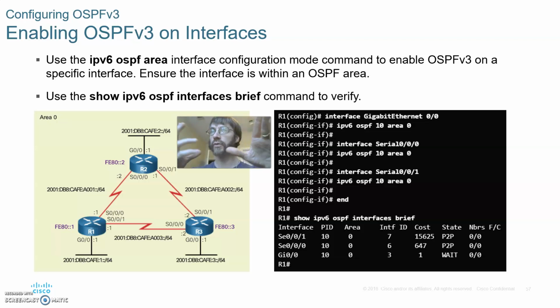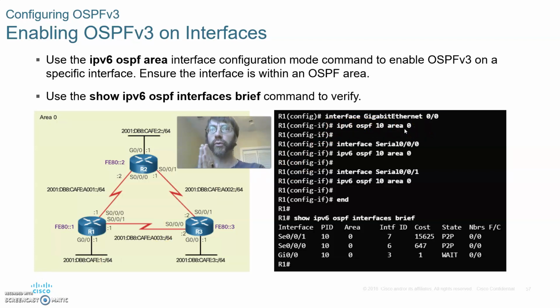In v6 we don't do that. We don't actually bother typing all these prefixes and prefix lengths in. We do that by creating the routing process, then getting out of router configuration mode, going into interface configuration mode, and doing this: IPv6 OSPF, the process ID, and then the area ID.